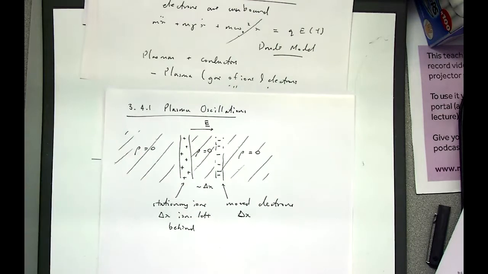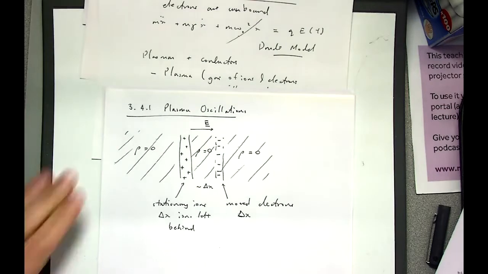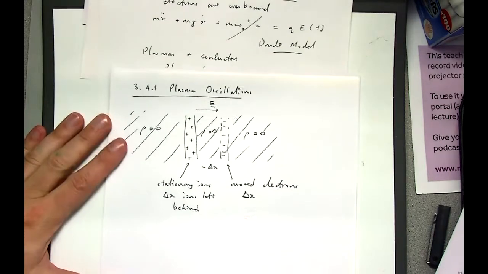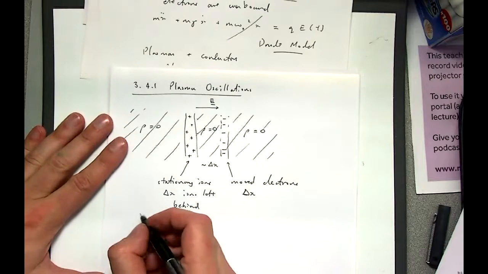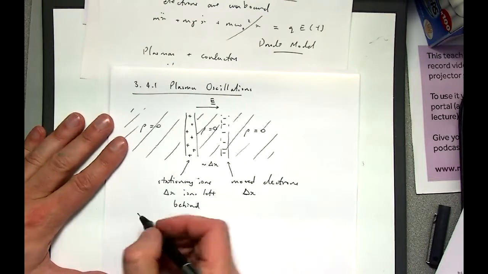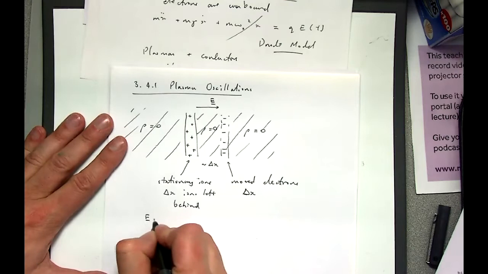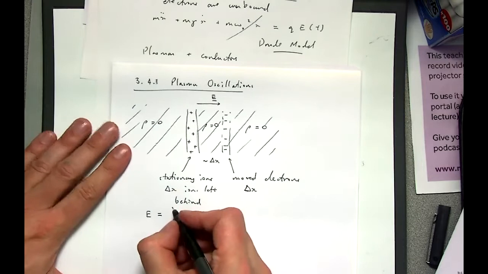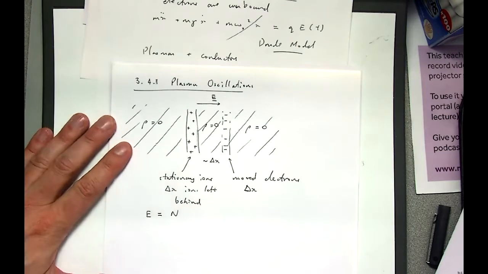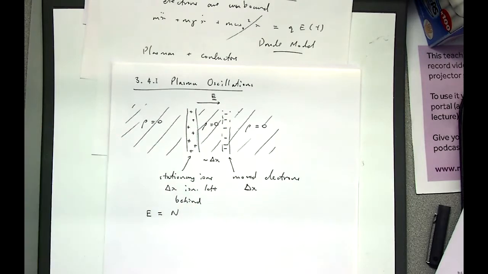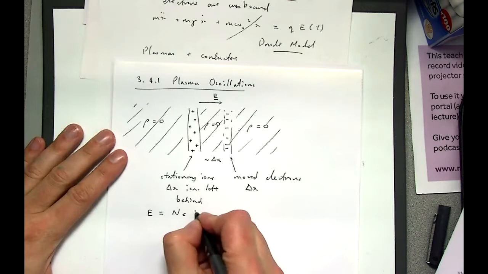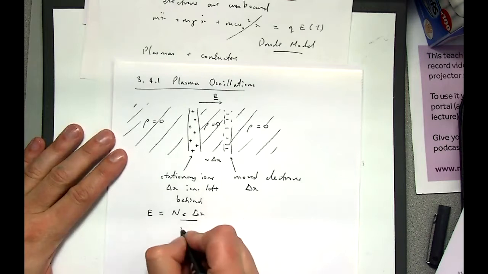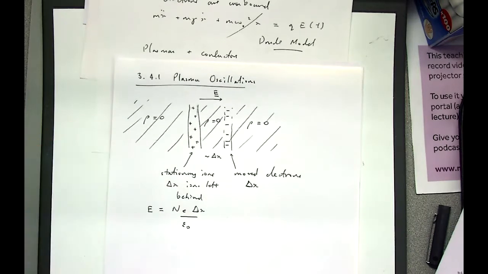And now I imagine, if I were to turn off that external electric field, what does the electric field between those positive and negative charges look like? Well, I'm imagining a large area, thinnish layer, and if I have a number density of electrons per unit volume, then the total electric field is just N e delta x divided by epsilon 0.